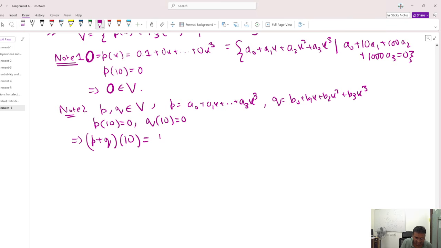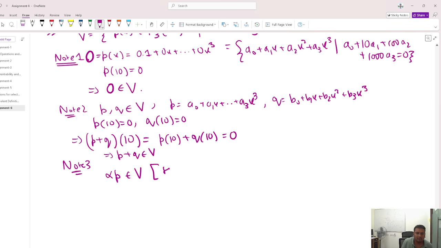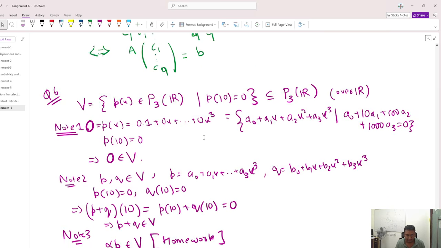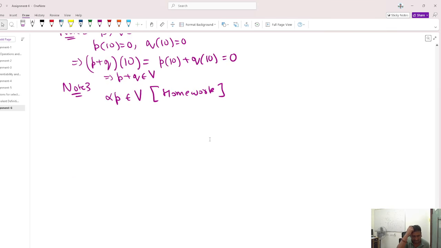You can check. This will be P of 10 plus Q of 10 by definition. Well, these are 0. So this implies P plus Q belongs to V. And similarly, I urge you to show that scalar multiples also belong to V, as homework. We have done many problems like that, that's why I'm leaving it for you now. So this is a vector space over R.